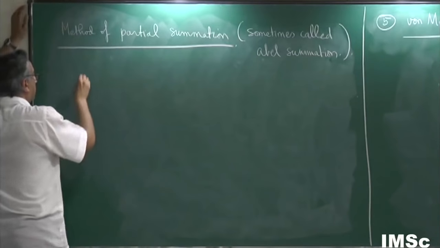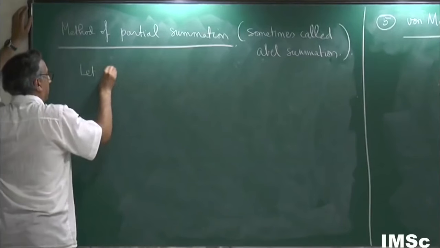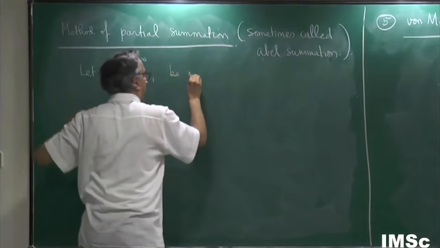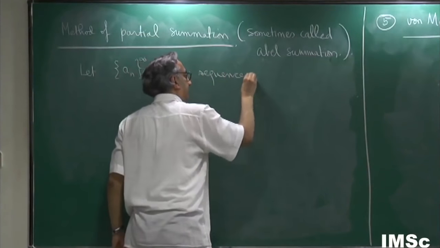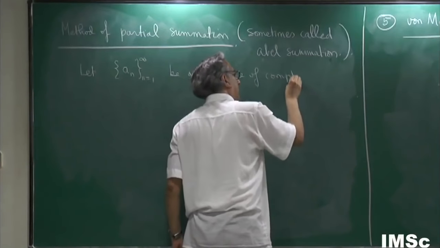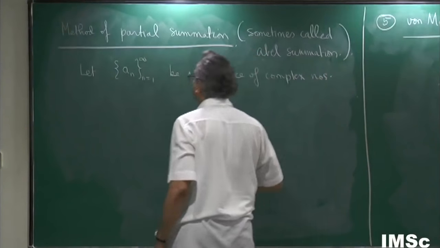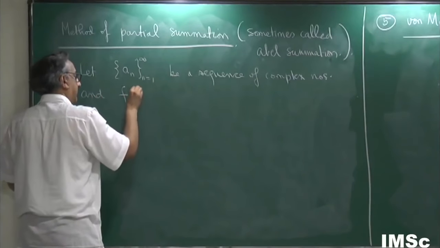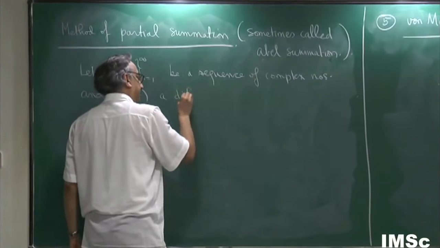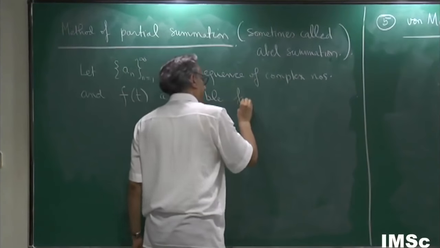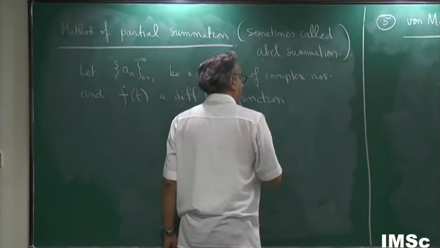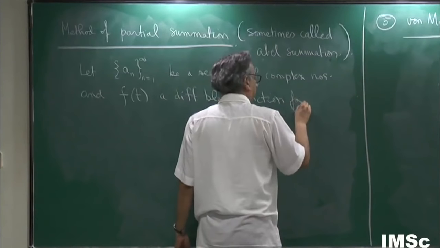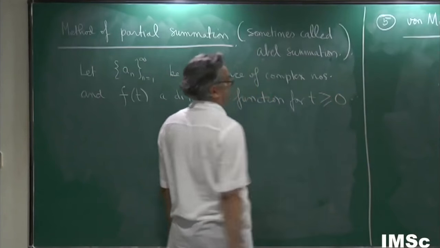Okay, so basically it says let a sub n be a sequence of complex numbers, and f of t a differentiable function for t bigger than or equal to 0, say.